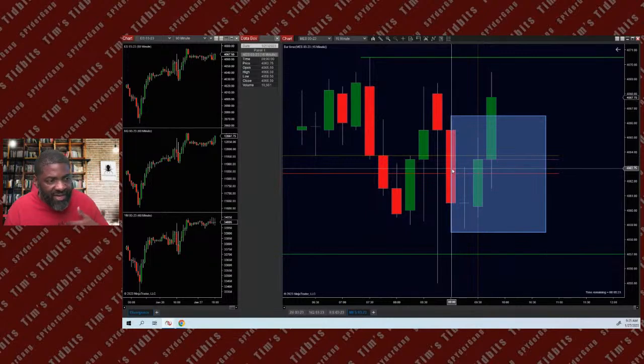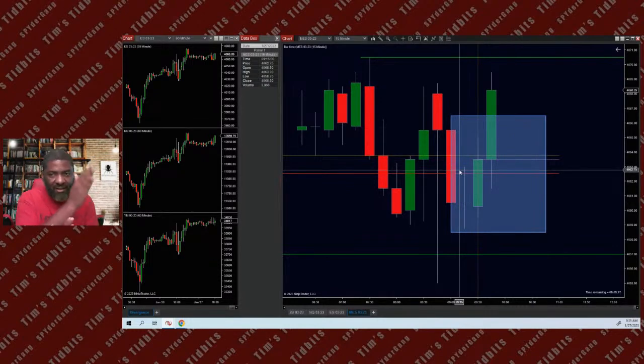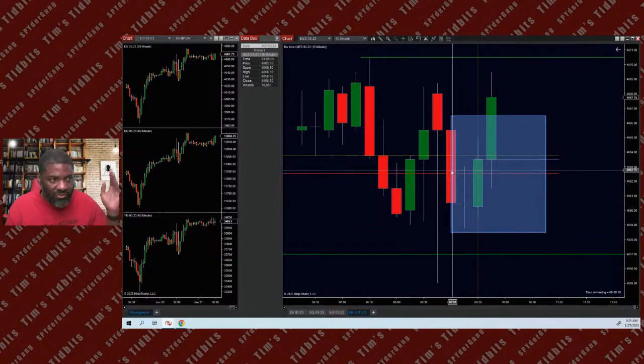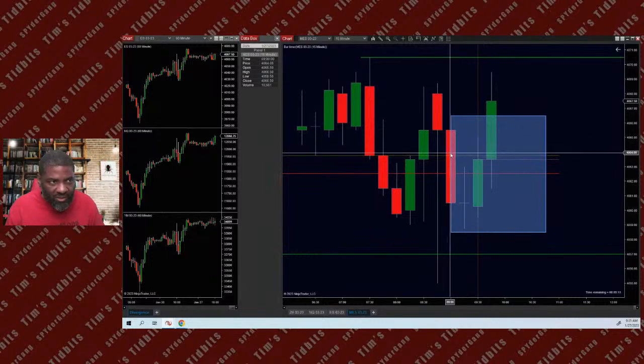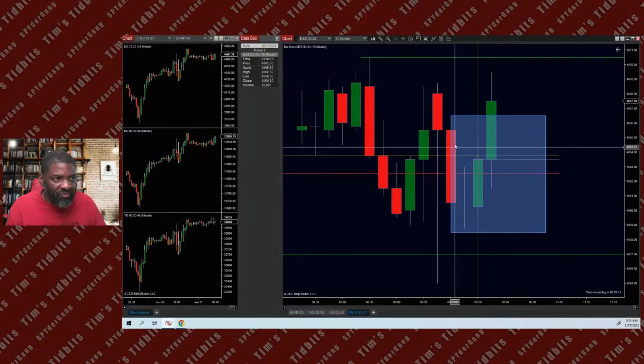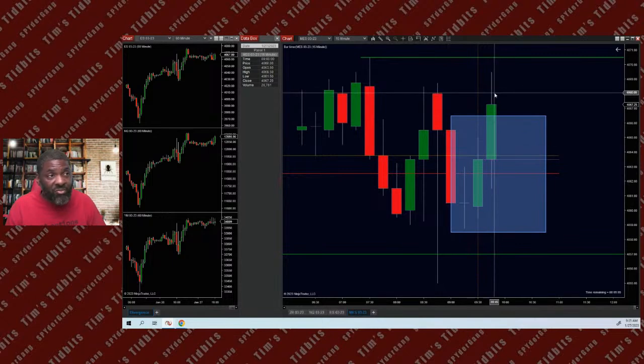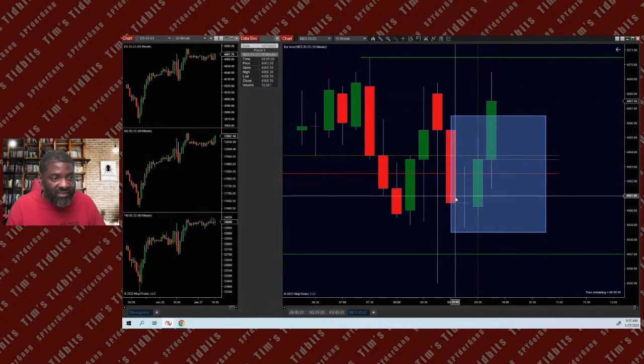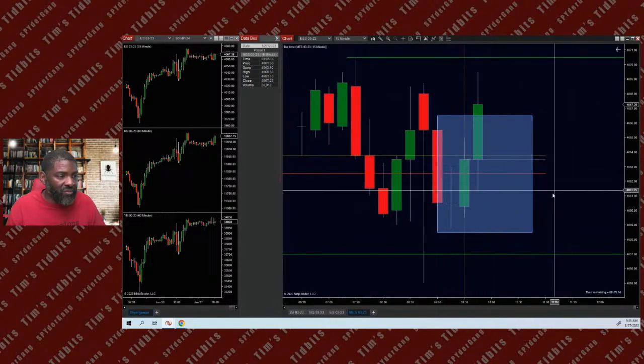This is the 9 o'clock candle for me. So 8:45 for Thinkorswim and TradingView, they do it on the time that the candle starts, so this right here will be the 8:45 candle. Now that we've broken that, this is technically a bullish order block.